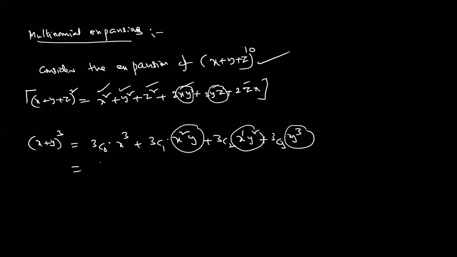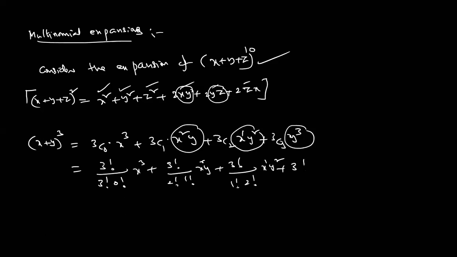So 3C0 means how to write? 3 factorial by 3 factorial into 0 factorial. Am I correct? 3 factorial by 2 factorial into 1 factorial. 3 factorial by 1 factorial into 2 factorial. Like that I can write. So how to write here?